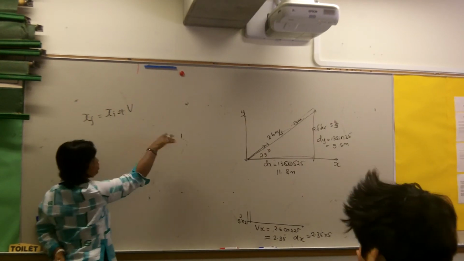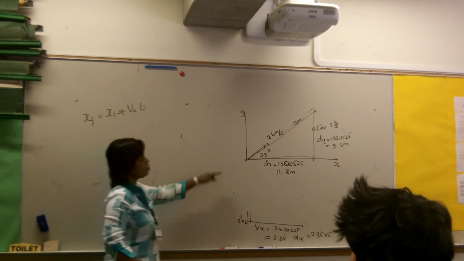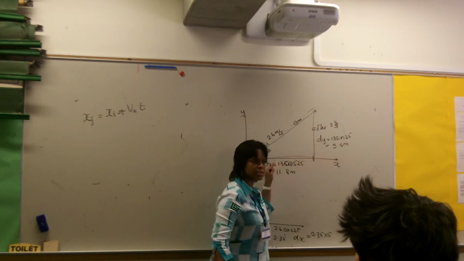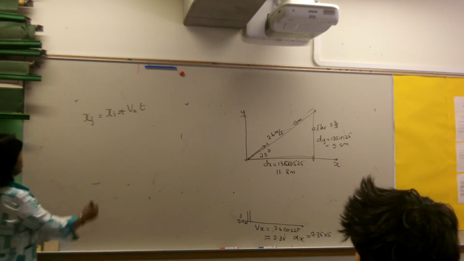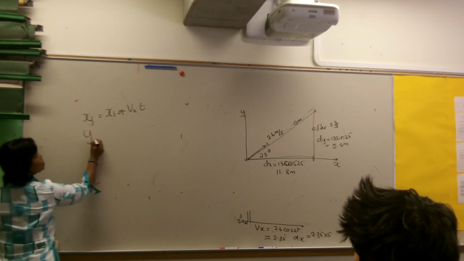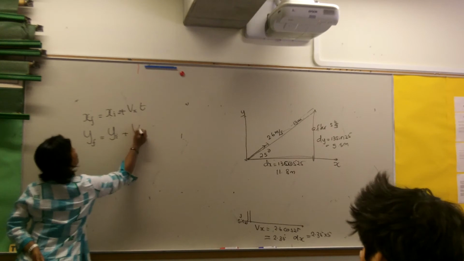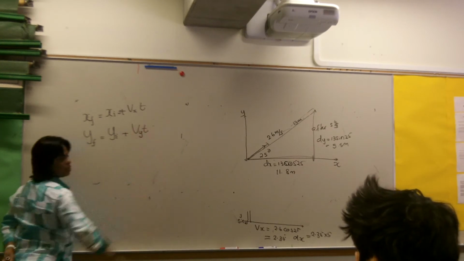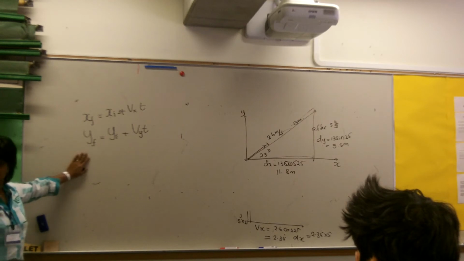If you are thinking about the x direction, you have to know the x velocity. So you are getting only the distance in this direction. But if you are calculating the y direction, now it is y final, y initial, velocity in the y direction, and t.